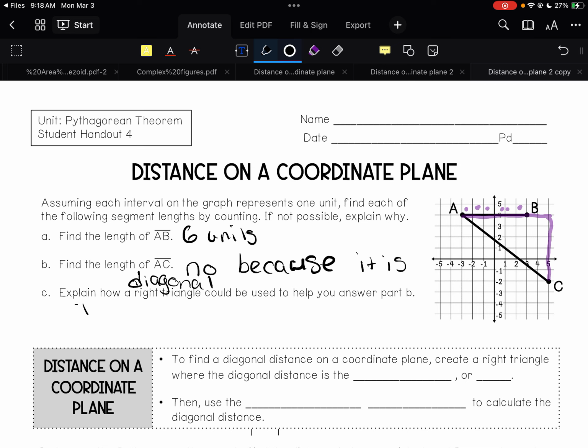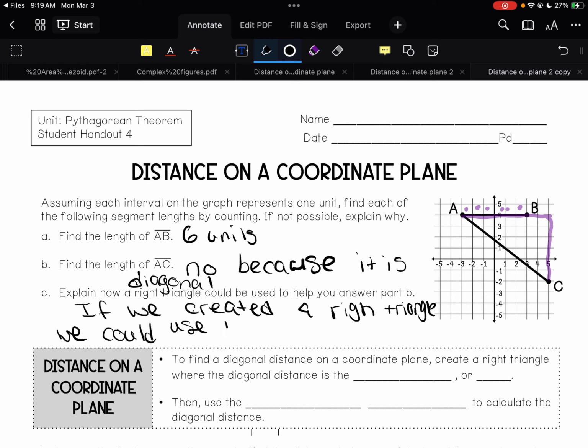So if we created a right triangle, we could use the Pythagorean theorem to solve.